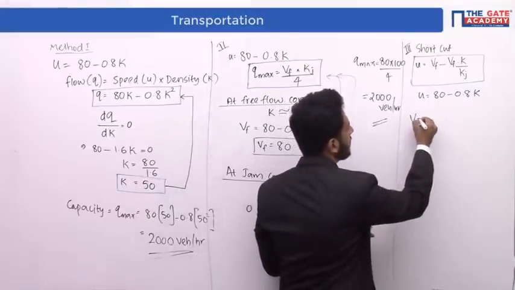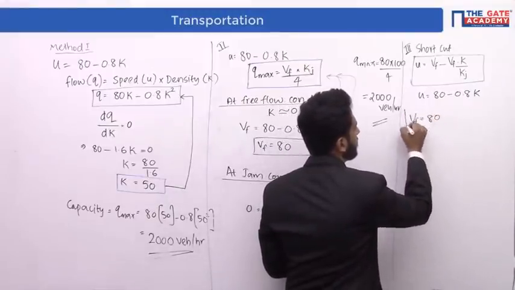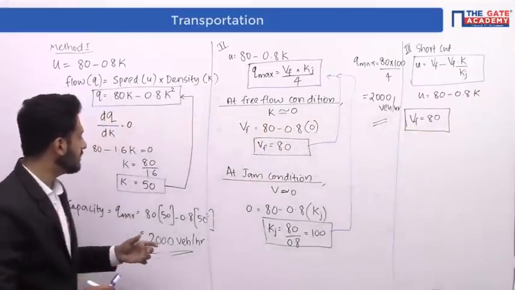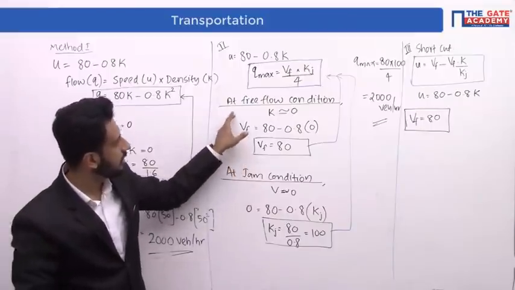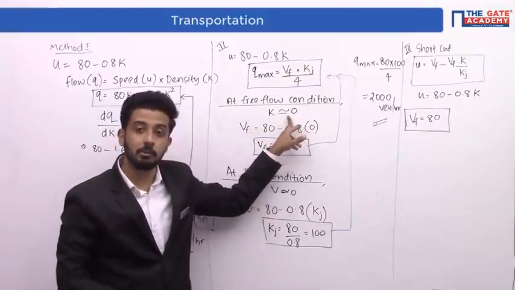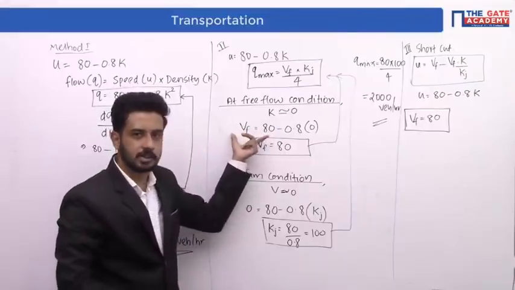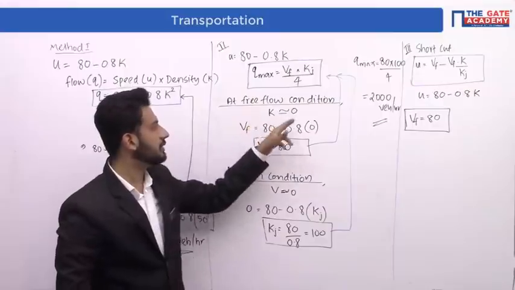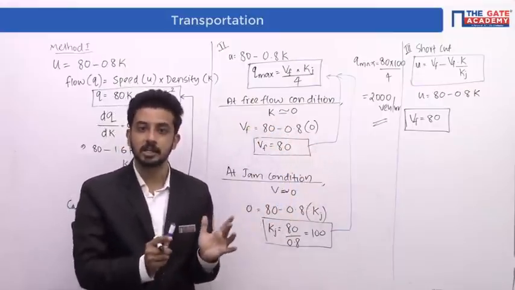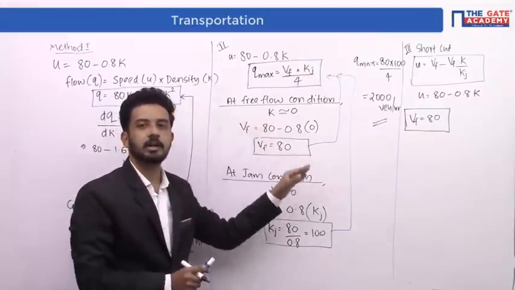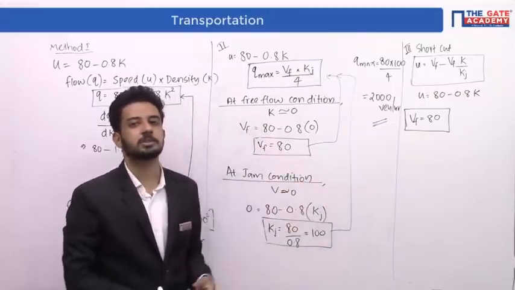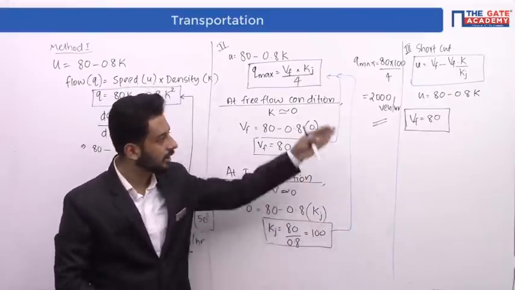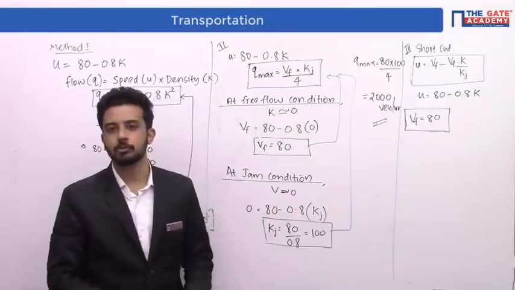So directly I can write Vf will be equal to 80. See how we found 80 in the earlier condition. First we assumed that K will be almost equal to 0. Then we substituted and finally we got 80. Before that, you had to take those conditions. At free flow condition, K is equal to 0, then we substitute and find out the value of Vf. But if you remember that expression, you directly get the value of Vf.